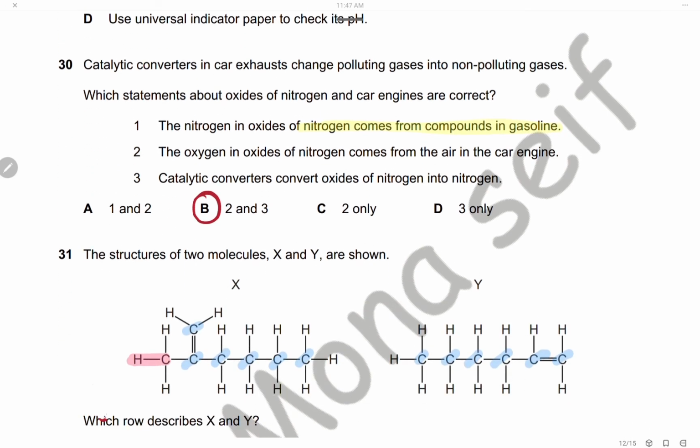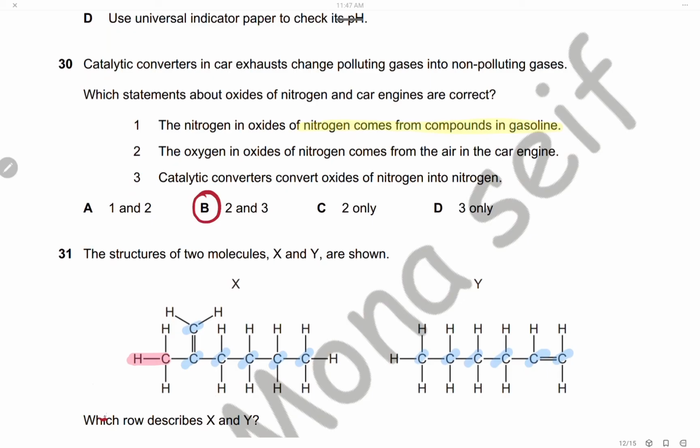Question 30. Catalytic converters in car exhaust change pollutant gases into non-polluting gases. Which statements about the oxides of nitrogen and car engines are correct? Nitrogen in the oxides of nitrogen comes from compounds in the gasoline. This is wrong because nitrogen comes from air. The oxygen in the oxides of nitrogen comes from air in the car engine.